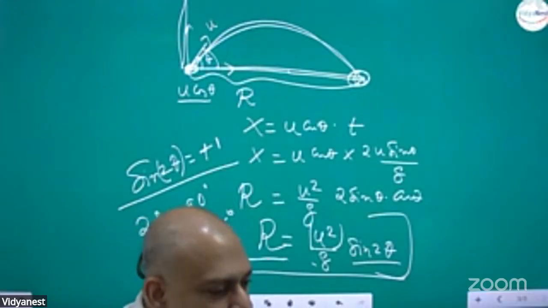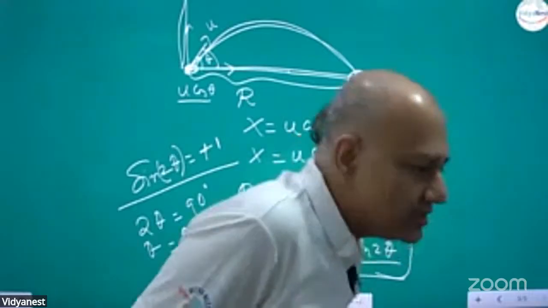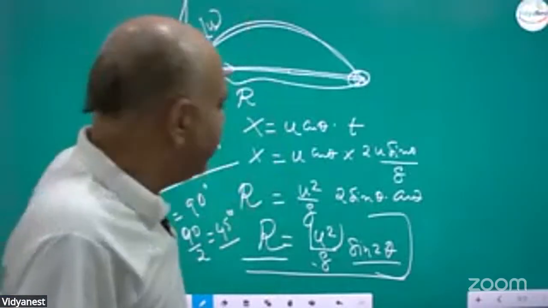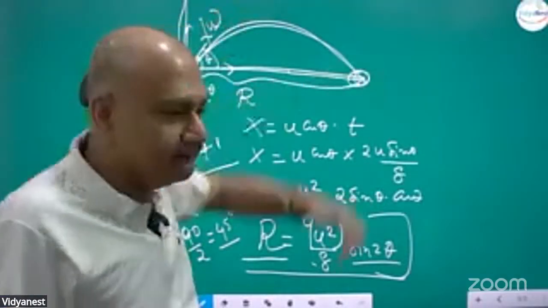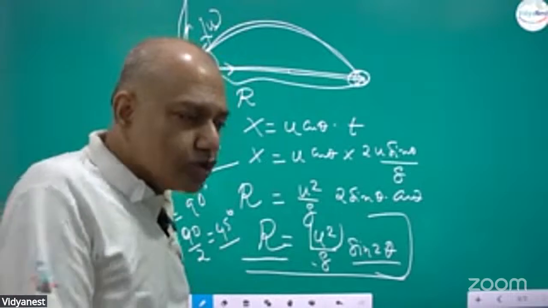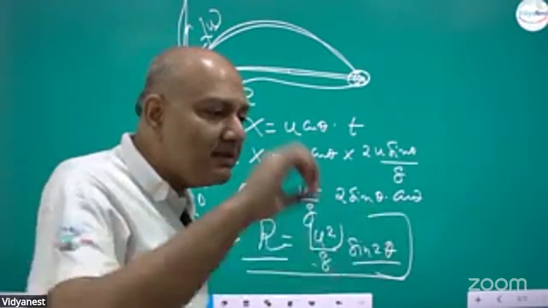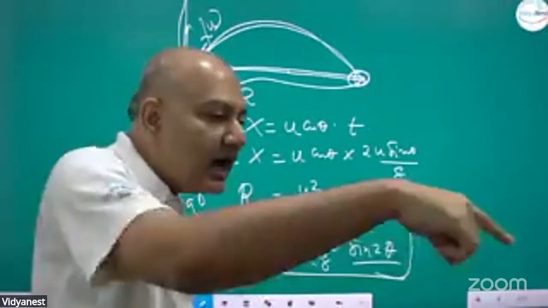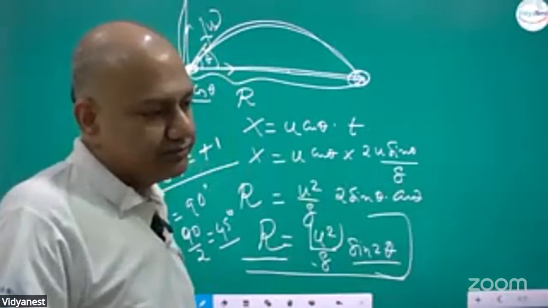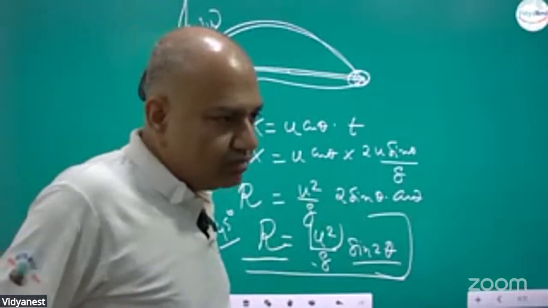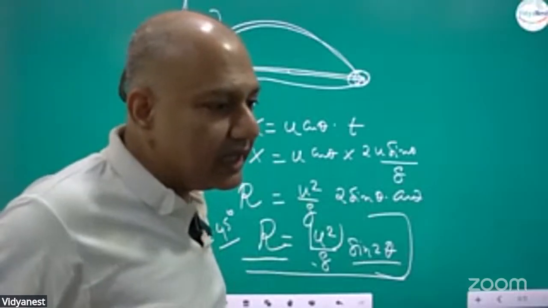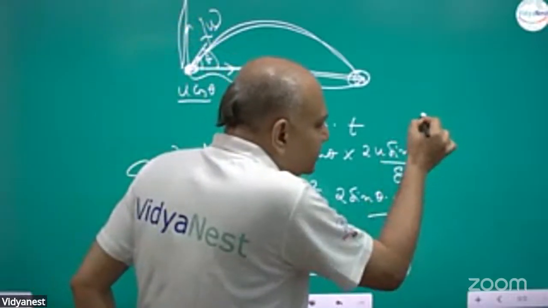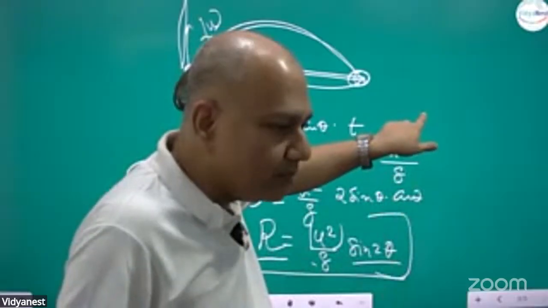So now the question in NEET was: u is the velocity with which the shell is fired. What should be the maximum area the gun can cover? Suppose at this point the gun is situated, at a certain point in a big field.